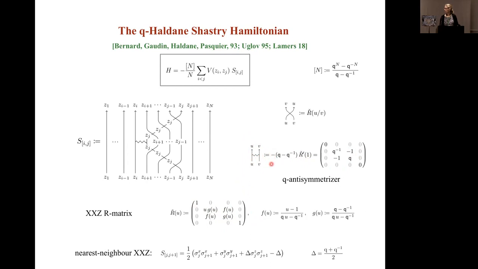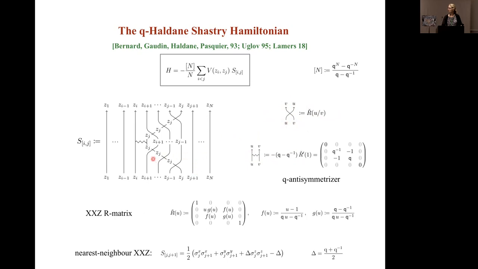So for q equals 1, the q antisymmetrizer is just 1 minus P, the permutation. And then you have another object which is just the check R matrix, which is drawn by this braiding of two strings.